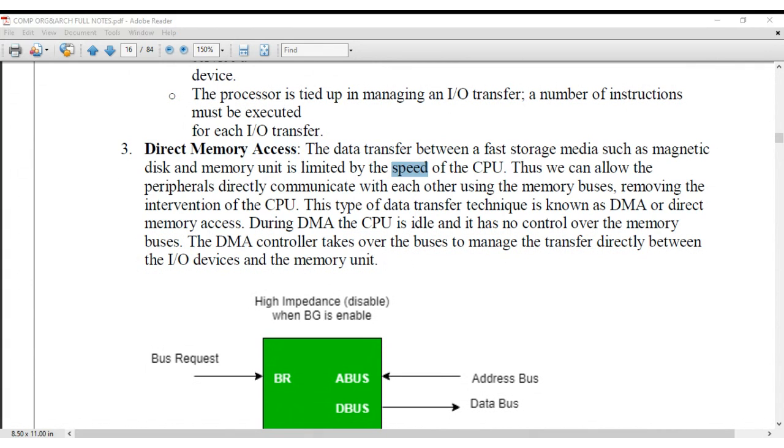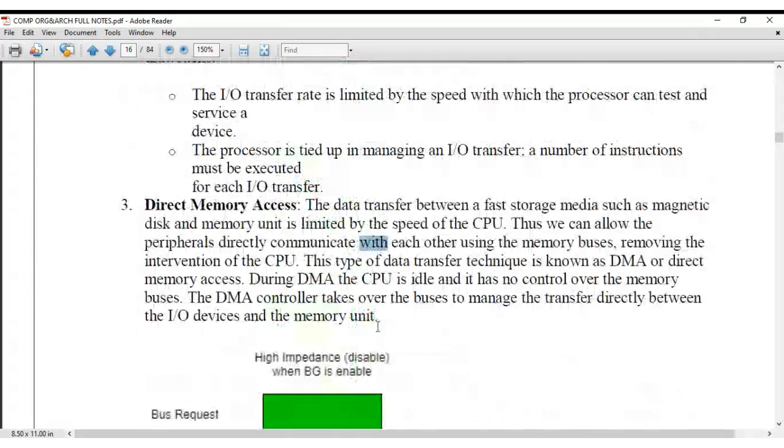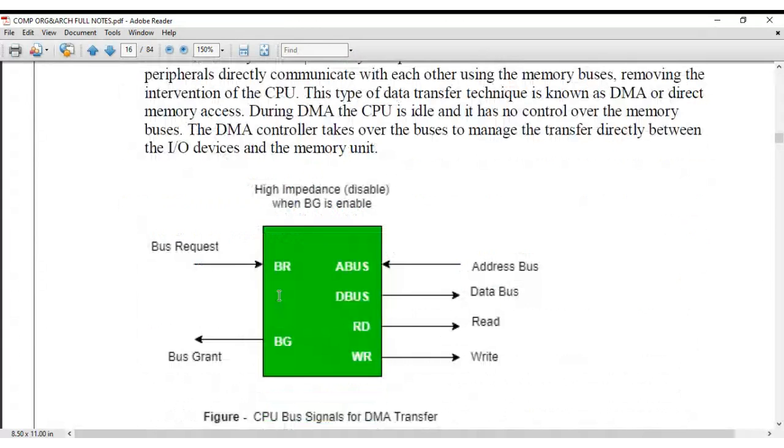So if you connect, for instance, a USB, and you want to do some copying to a machine, or from the machine to the device you have connected, it is this direct memory access that comes into play so that the CPU may not be engaged in your transfer. So that is what direct memory access is.